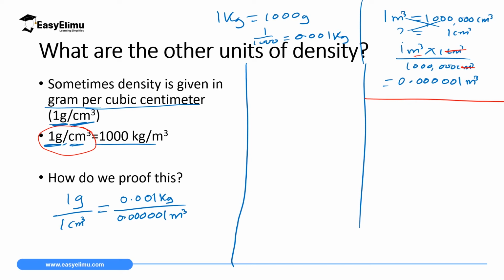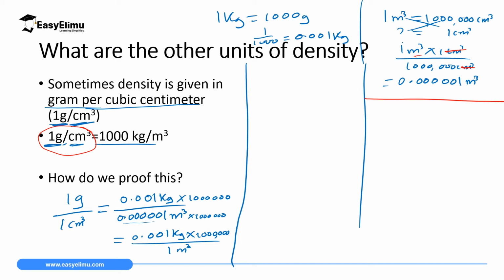For us to remove the decimal from down here, there are 1, 2, 3, 4, 5, 6 places, so we multiply by 1 followed by six zeros, both on top and at the bottom. So our answer will be 0.001 kg times 1000000, over 1 cubic meter, because the decimals down here have cancelled.